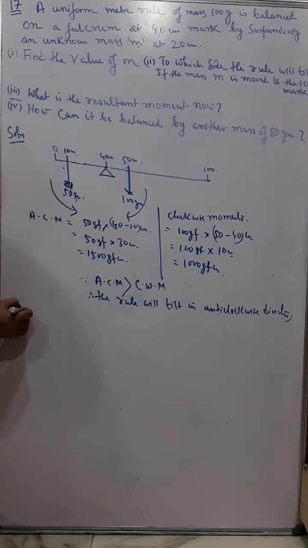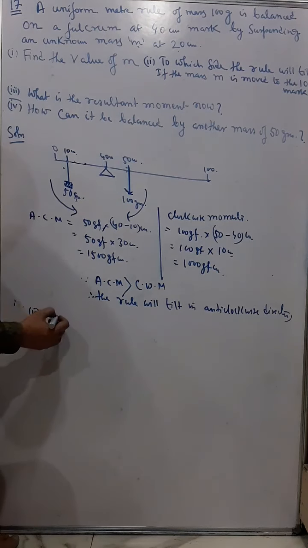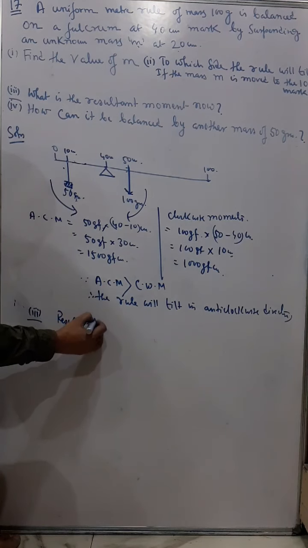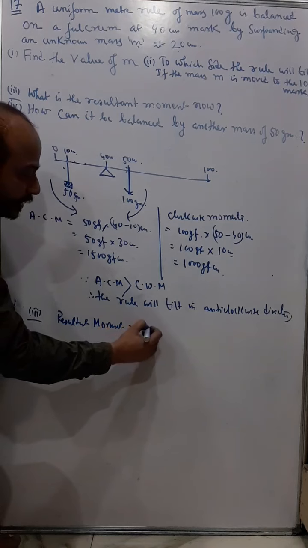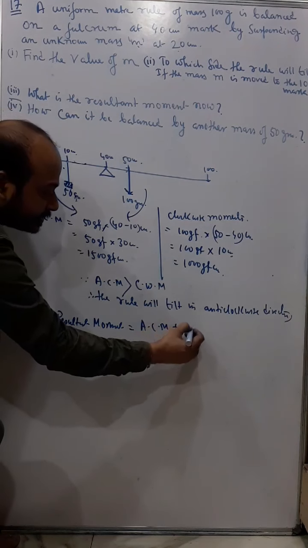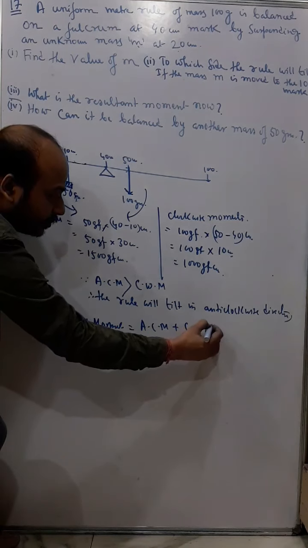And for number 3, what did they tell? What is the resultant moment? Resultant moment is equal to anti-clockwise moment plus clockwise moment.